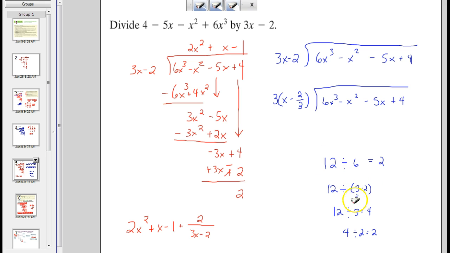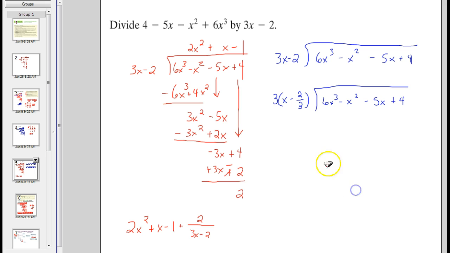So what we do here when we have synthetic division, if we're going to try synthetic division on something like this, where the number in front of x is something other than 1, we have to divide the original dividend by this first. So x minus 2/3. 6x cubed divided by 3 is 2x cubed. Minus 1x squared divided by 3 is 1/3 x squared. 5x divided by 3 is negative 5/3 x.